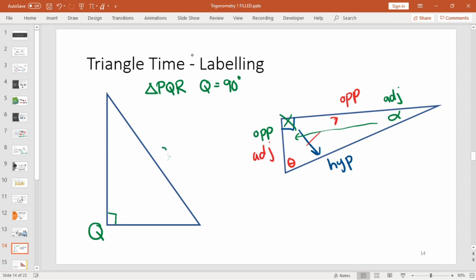So little q is the side opposite big Q, the angle. They didn't tell me any information, so this one could be P, let's say, and this one could be R. And once again, side R doesn't touch angle R, it's opposite, and it's a small letter. And side P doesn't touch angle P, it's opposite, and it's a small letter. So just knowing how to label a triangle properly.